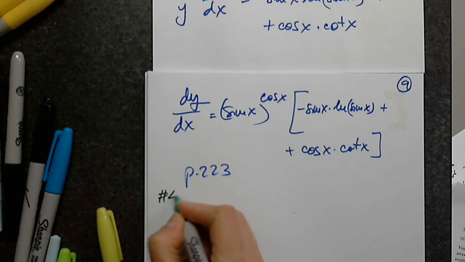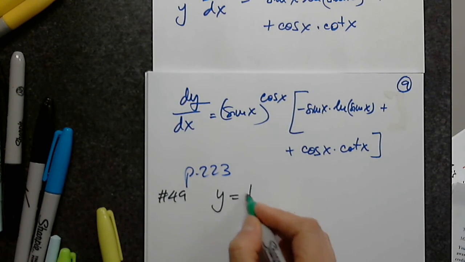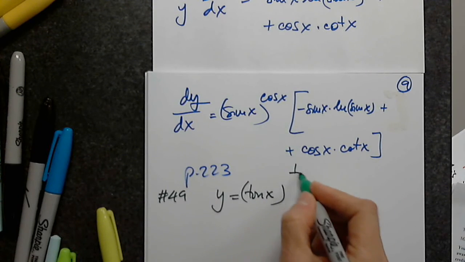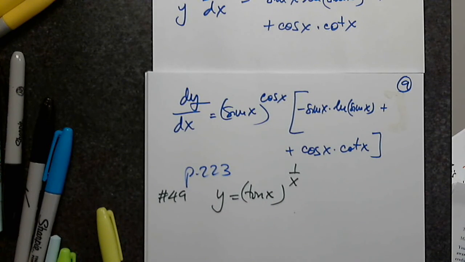Okay, so 49: y equals tangent x raised to 1 over x. You notice here that there is a function raised to another function. We're not talking about a product of functions, although I can use logarithmic differentiation for products as well. But this is not a product.